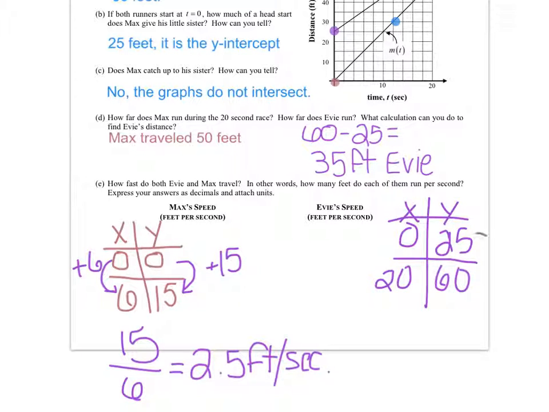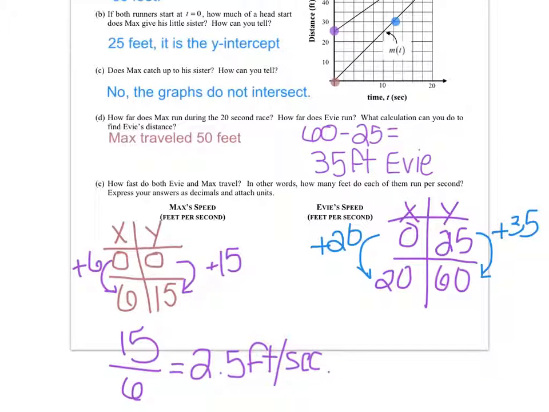Okay, so let's see how the y has changed divided by the x. And remember, the reason why I'm doing this is I'm trying to find the feet per second. That's why I'm putting the y up top, because the y is the feet and the seconds is the x. So to get from 25 to 60, it looks like we added 35. And to get from 0 to 20, we added 20.